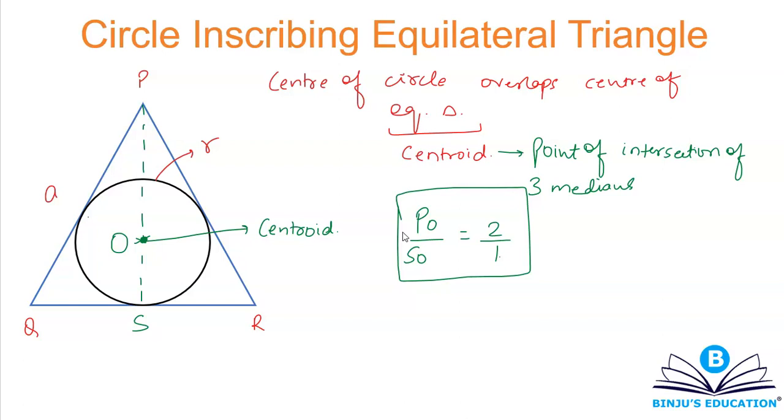Now, the height of an equilateral triangle is nothing but root 3 times side divided by 2. So I can say that the value of PS will be root 3 a by 2.